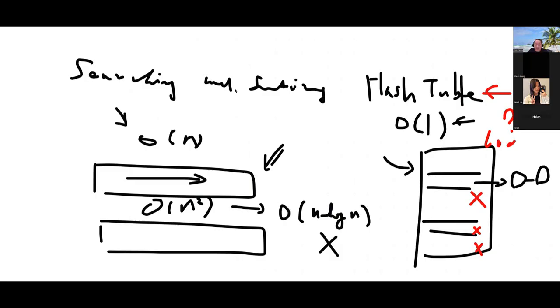If your loading factor is greater than one half, your chance of collision increases. And it's very difficult to keep the hash table well balanced. So the hash table gives you some convenience, but it also gives you other problems.